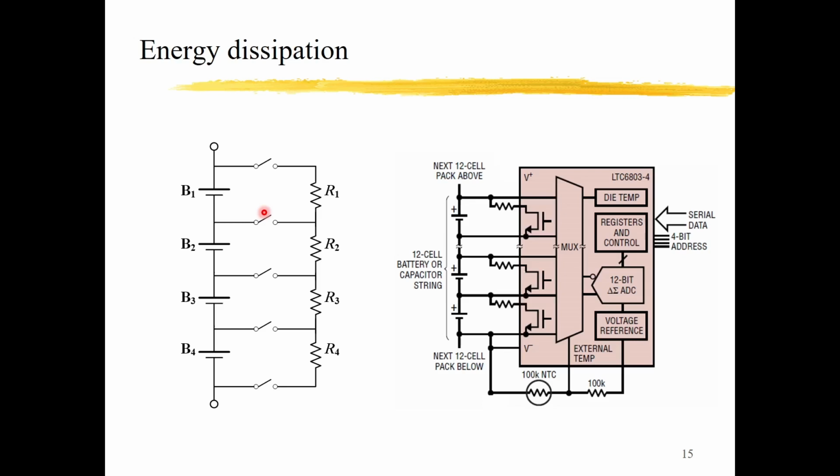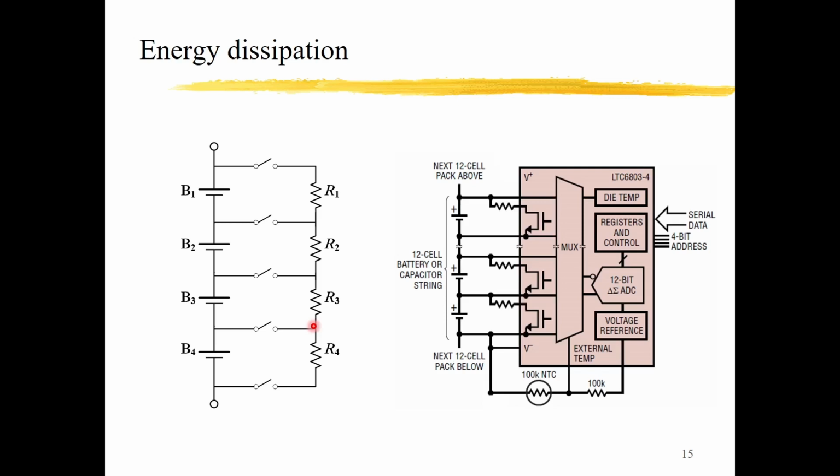And we know the dissipated power will be V squared over R. Now we have the same R, and the higher voltage will result in more dissipated energy. So if we don't have the switches, this method can still achieve the balance function.